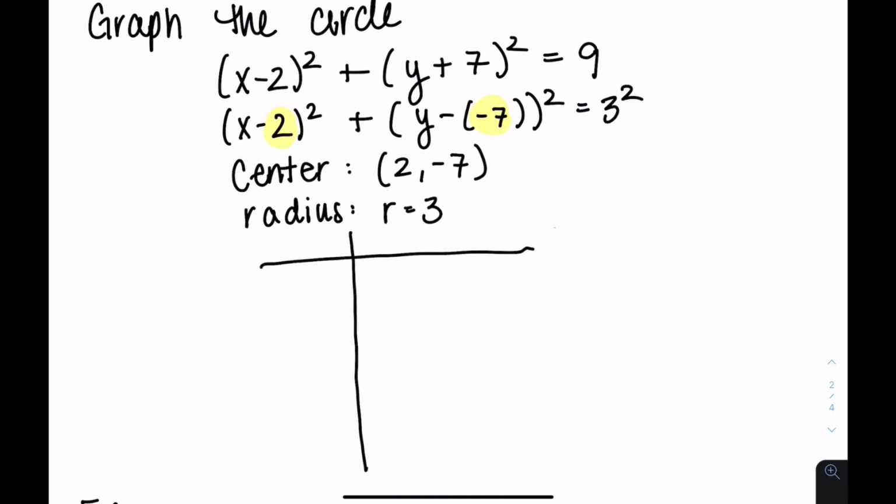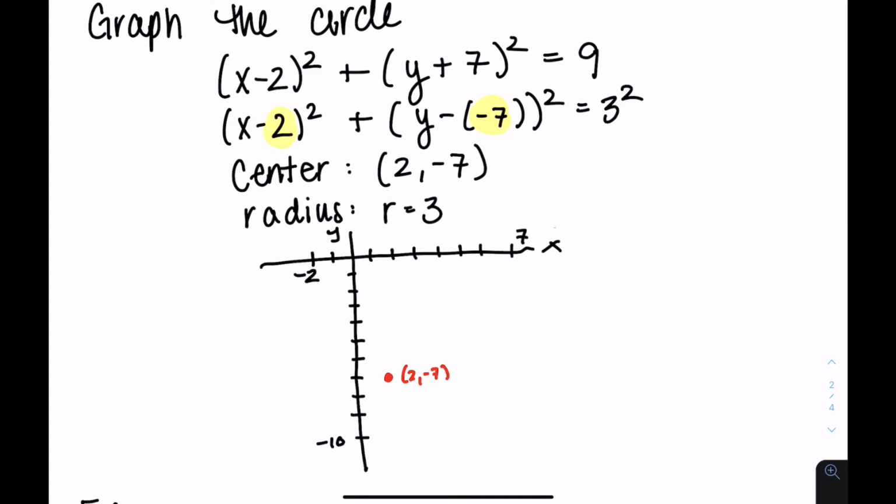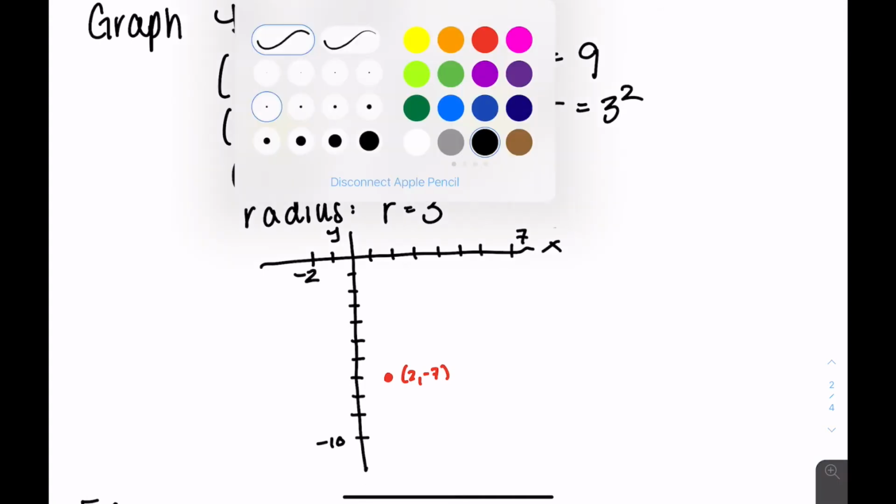So we go ahead and graph our x and y coordinates. We'll make each of these 1, and that goes out to 10. So we're going to plot that center, which is at (2, -7), right here. From this center, I'm going to go a distance of 3.